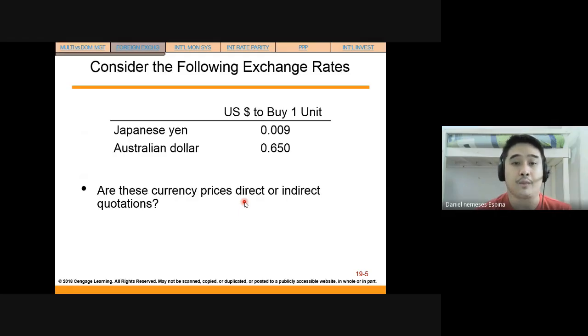And for the Australian dollar, it takes 0.650 US dollar to buy one Australian dollar.